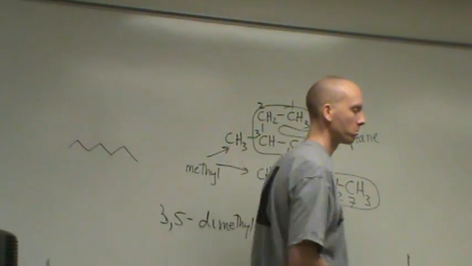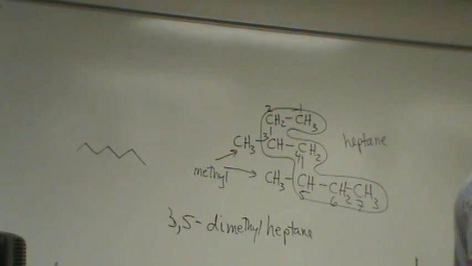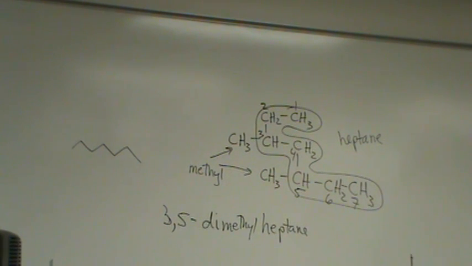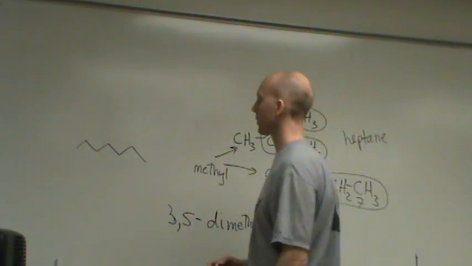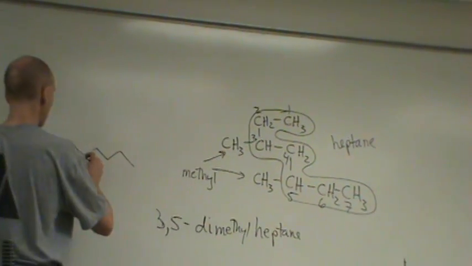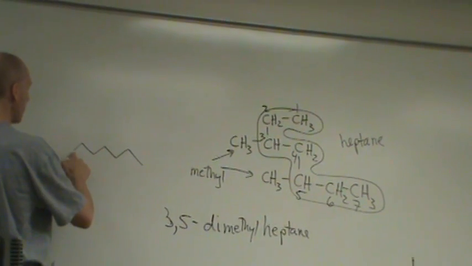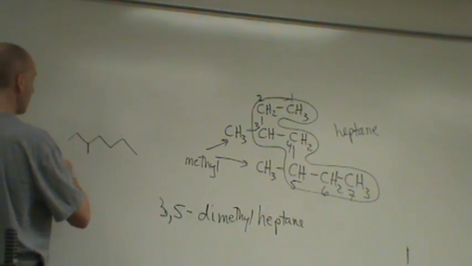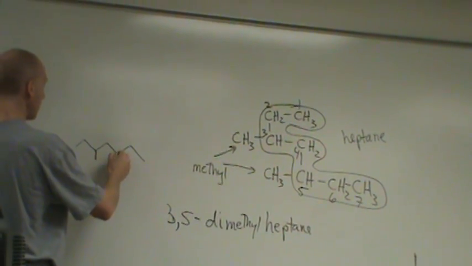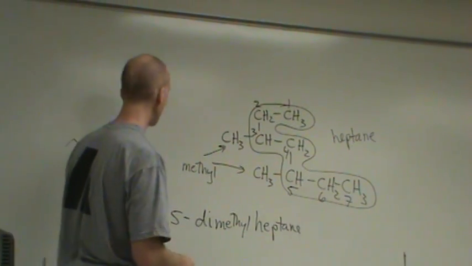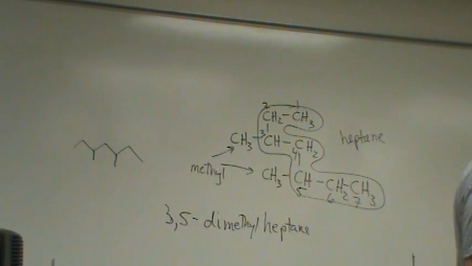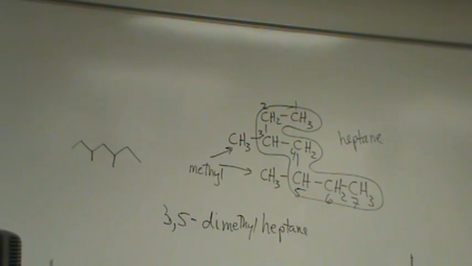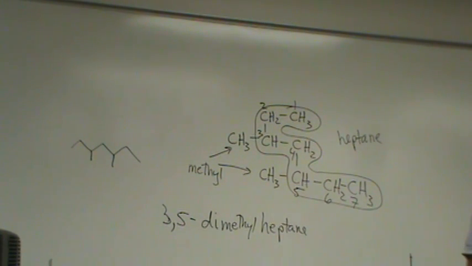If I don't tell you how to draw it, maybe just use a line bond structure. Pretty easy. And then I see I have 2 methyls on the 3 and the 5 carbons. So if I count 1, 2, 3, 1 methyl, 4, 5, there's the second methyl. End of story. See how easy that is?